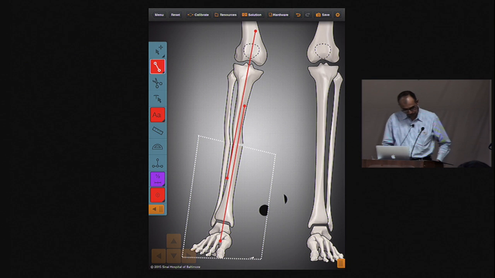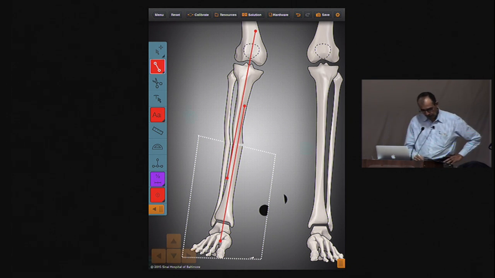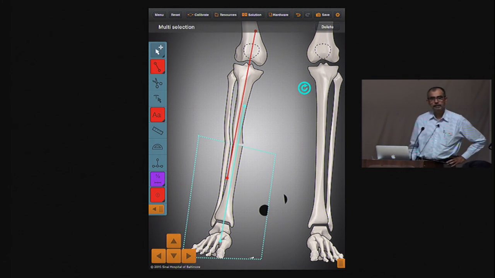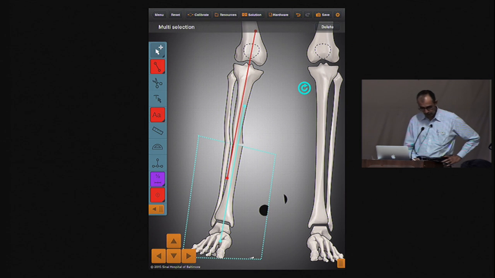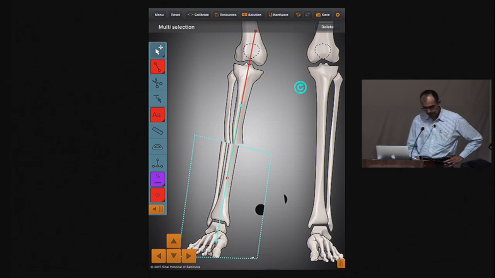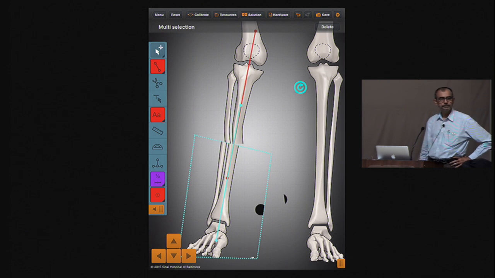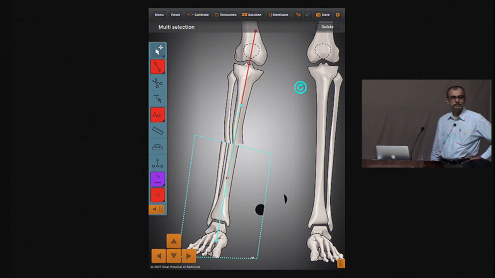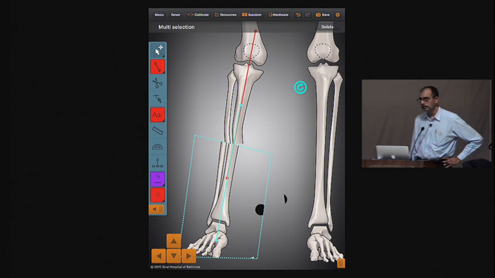So now if I have to correct this Z deformity, what do I have to do? All I have to do is translate this medially. Correct? So now what has happened?